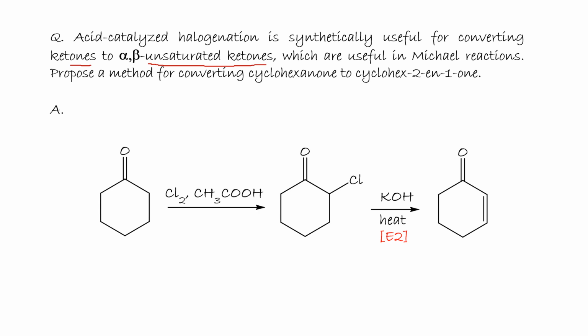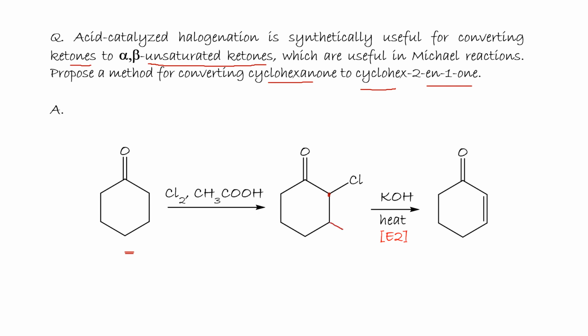Propose a method for converting cyclohexanone to cyclohex-2-en-1-one. Starting with cyclohexanone, chlorinate in acidic medium, so using chlorine and acetic acid, you get 2-chlorocyclohexanone.